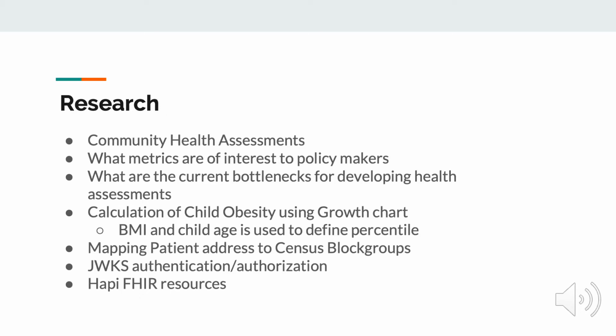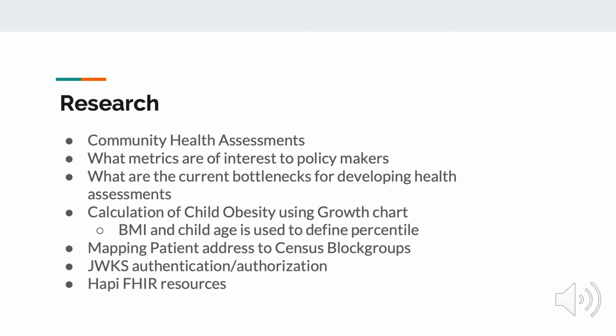Research. Our primary touch point for research was, of course, Dr. Bender, and he pointed us to different areas of research that helped us a lot. We started out looking at other community health assessments and found that a health assessment really is a collection of statistics. It's lots of numerators and lots of denominators.